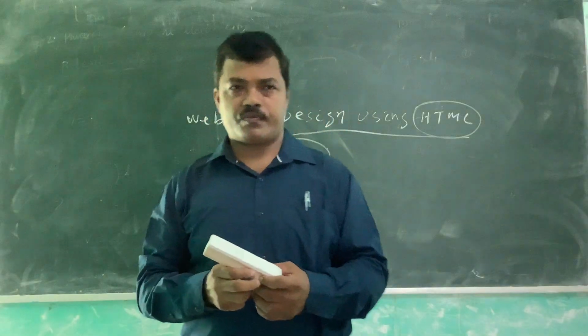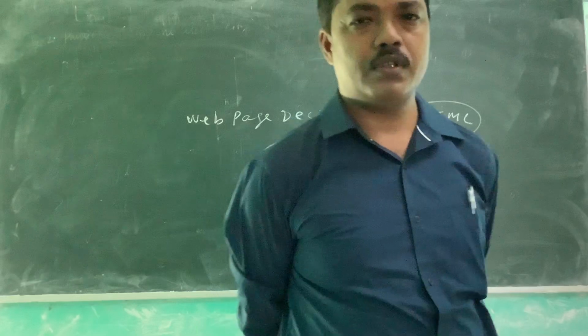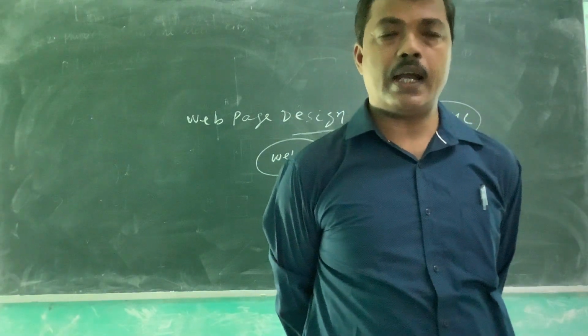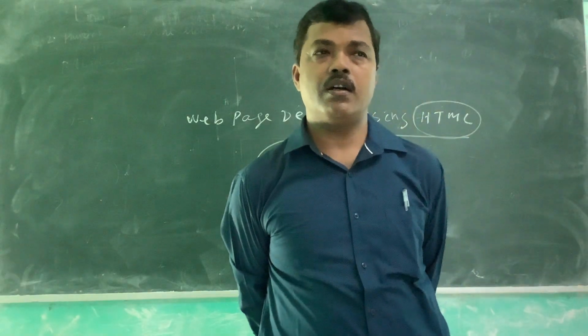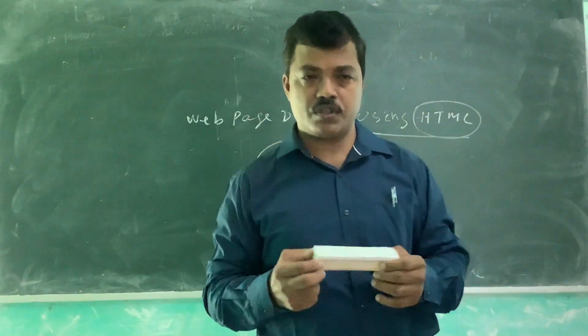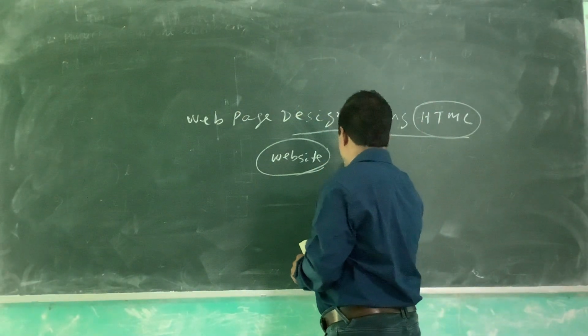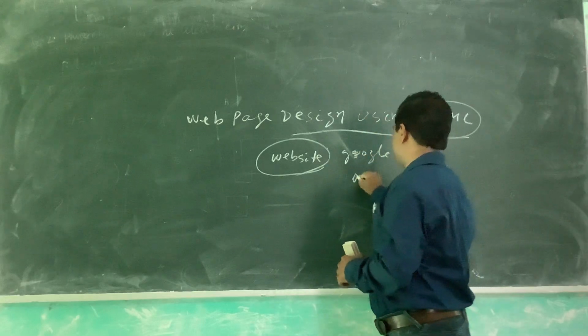A website is a collection of interrelated web pages, and it has a unique URL or unique domain name, just like google.com or amazon.com.